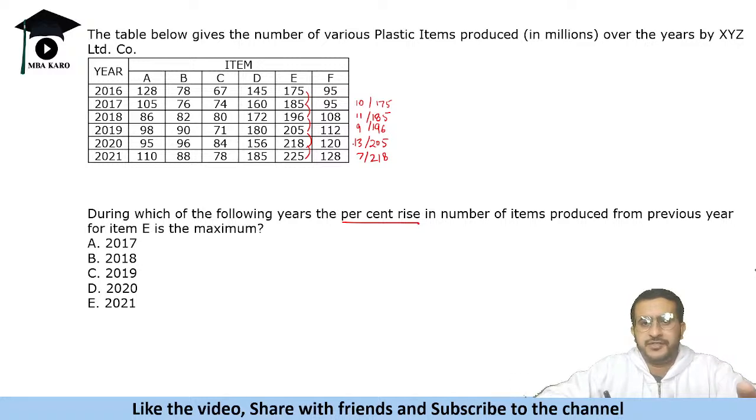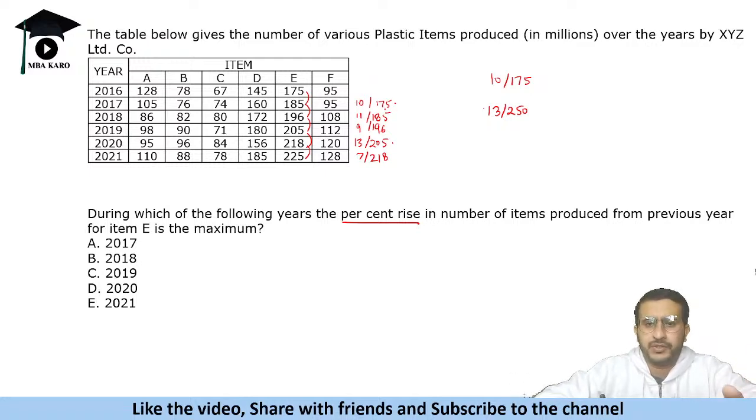See, if it was, let us say, 10 upon 175 and 13 upon 250, or some such numbers, in that case you would still have to think whether this is big or this is big, and you would have to find the percentage. But if you look at the base, the difference is not much. It is 205, it is 175.